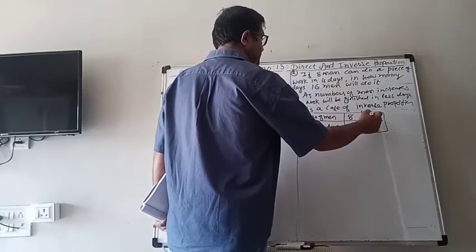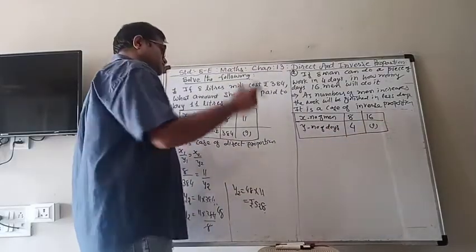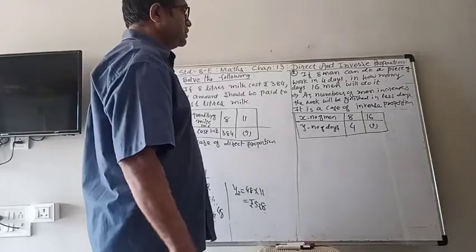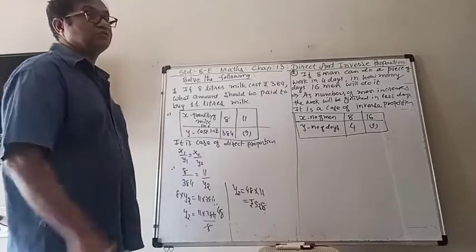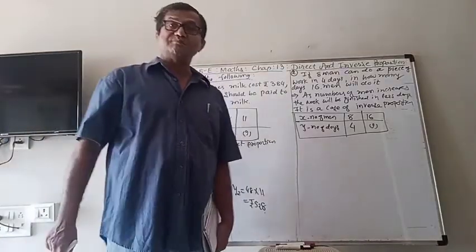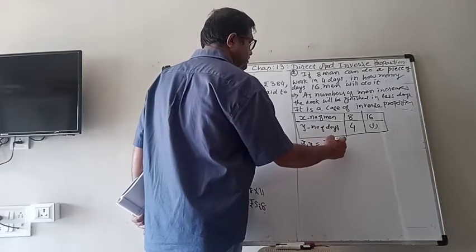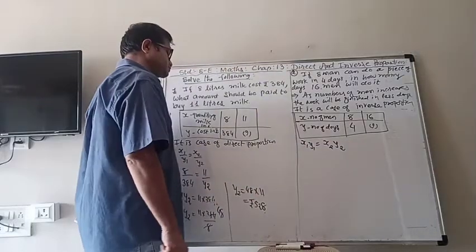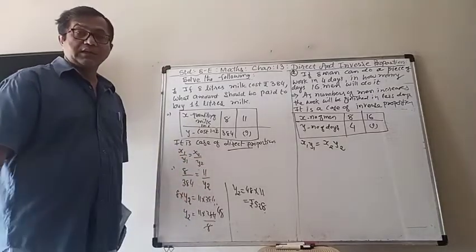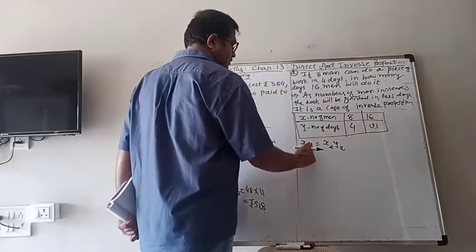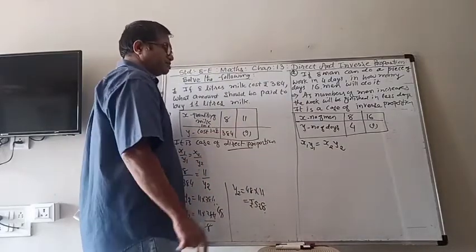So 16 men in how many days? In direct proportion, x1 upon y1 is equal to x2 upon y2. But in inverse proportion, x1 multiplied by y1 is equal to x2 multiplied by y2.